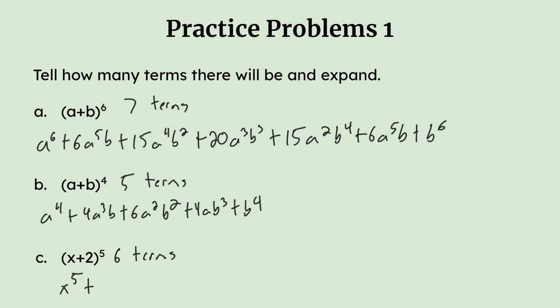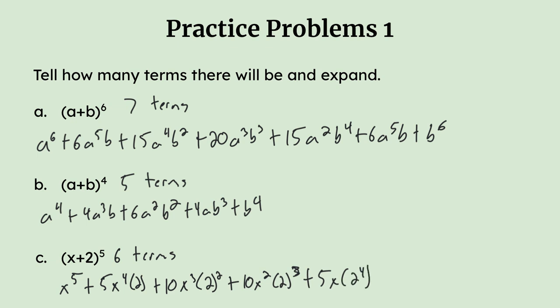So we got a 2 in there we gotta keep track of. This is to the fifth power, so it'd be x to the fifth plus 5x to the fourth 2 plus 10x to the third 2 squared plus 10x squared 2 to the third plus 5x 2 to the fourth plus 2 to the fifth.